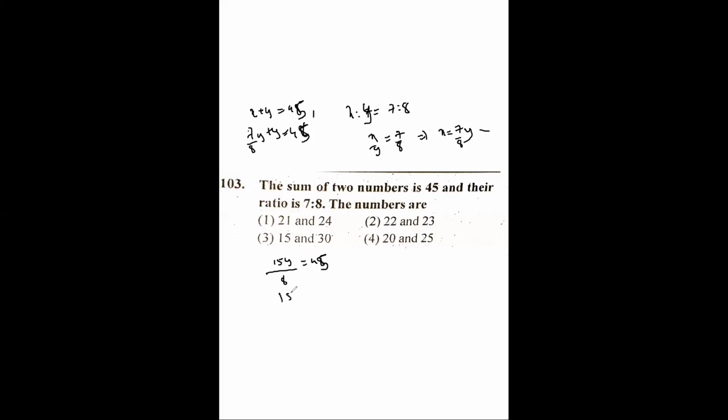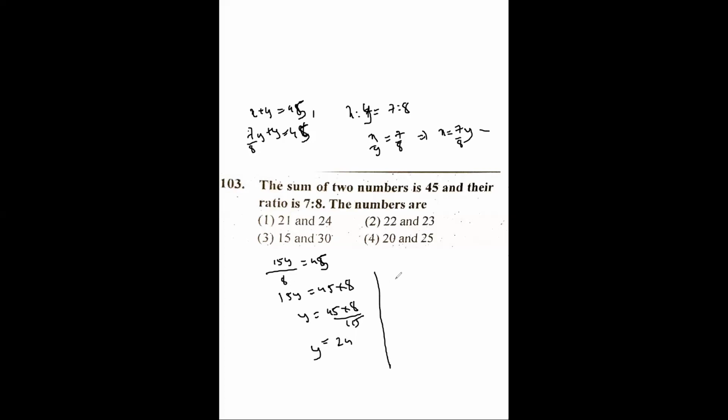So 15y will be equal to 45 into 8, or y will be equal to 45 into 8 upon 15. On dividing 45 by 15, we get 3. So 3 into 8 is equal to 24. So the value of y is 24.